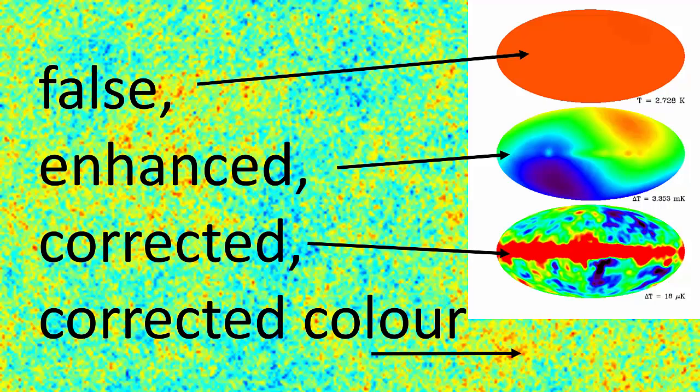We corrected that again, and then we finally had our corrected colour of the tiniest deviations. These are the smallest deviations. So the red is just the smallest bit hotter, and the blue is the smallest bit colder, by a factor of 1,000 or 10,000 difference. If it was a cup of coffee at 90 or 100 degrees, this would be seeing differences of 0.01 degree.